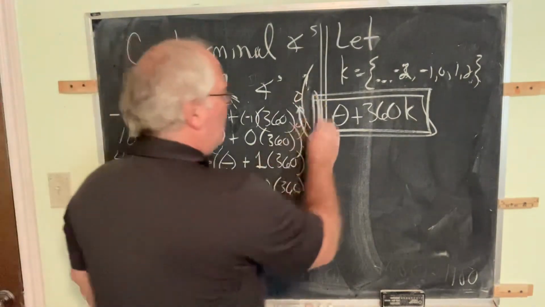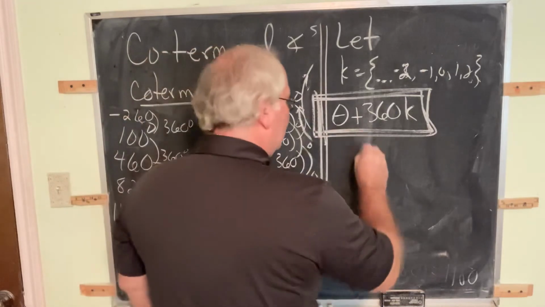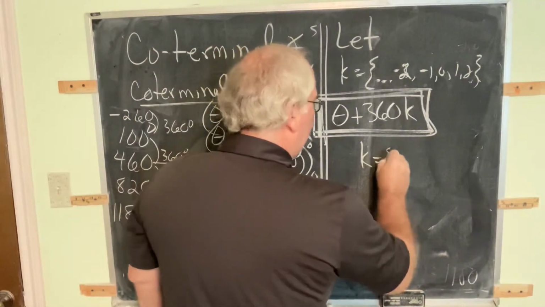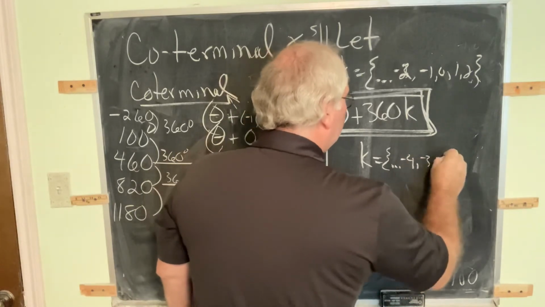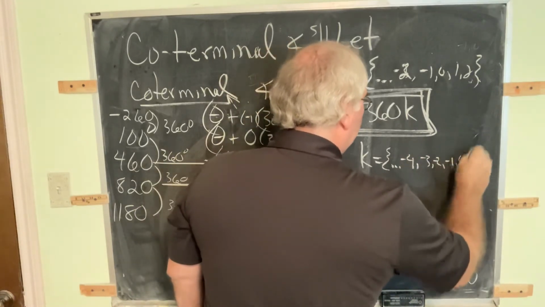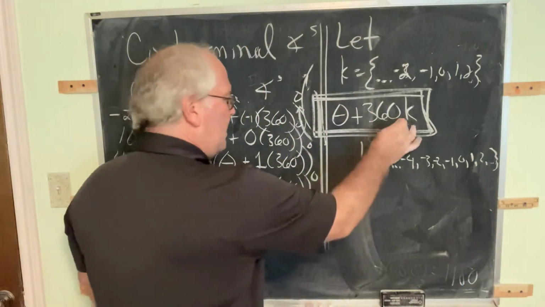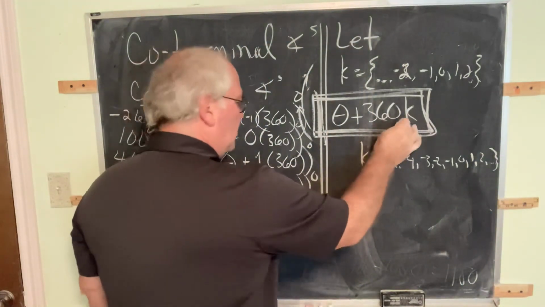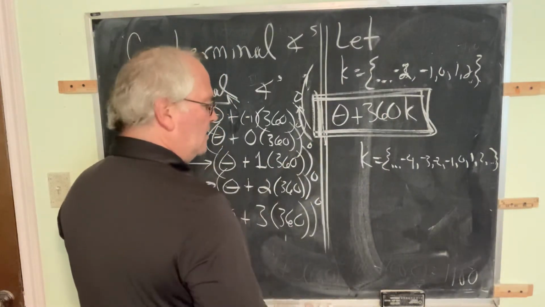K is free to be any number, -4, -3, -2, -1, 0, 1, 2, and so on. So any integer, any whole number multiple of 360 gives a coterminal angle.